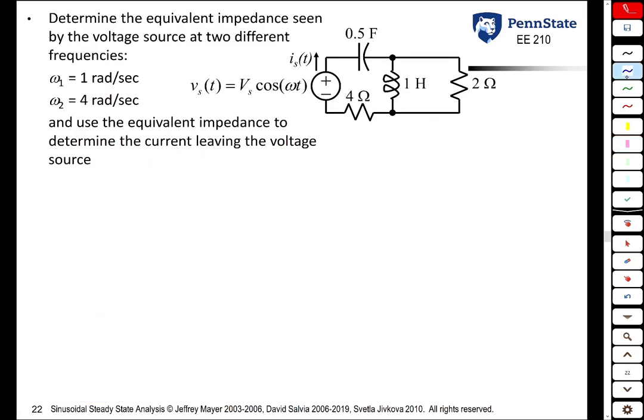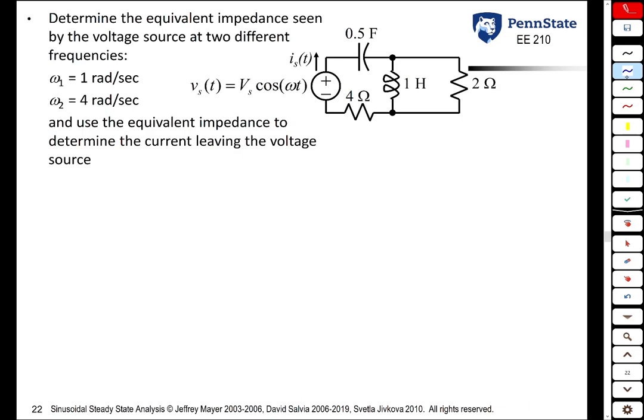So let's finish off this lecture with one example showing the impedance of a circuit that has a combination of resistors, inductors, and capacitors, and using that impedance to find currents. So here we have a sinusoidal voltage source, and it's connected to a capacitor, an inductor, and a couple different resistors as shown in this figure here.